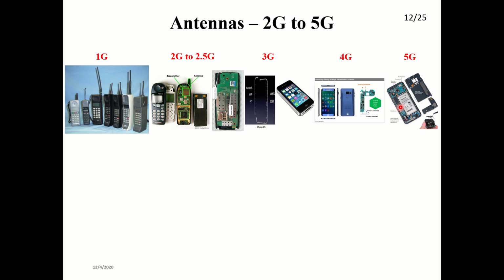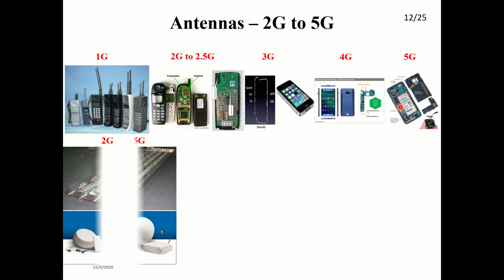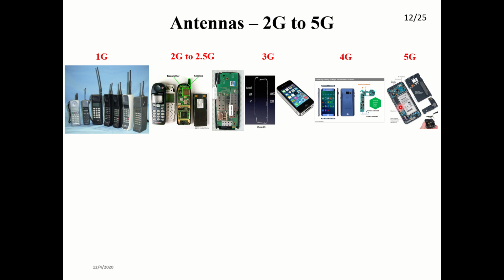You can see that in 5G there are multiple bands and multiple frequencies, dual polarization with good cross polarization, and also beamforming. So massive MIMO arrays come into picture here. We will discuss these later.